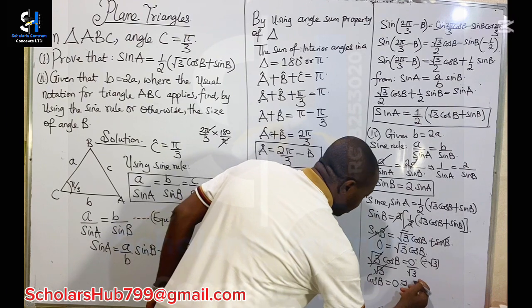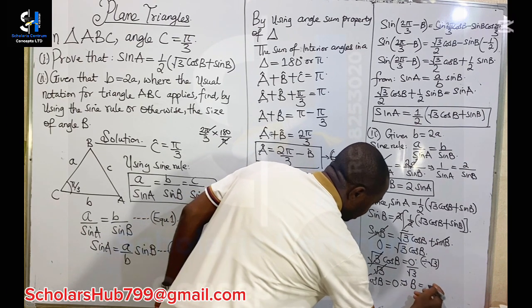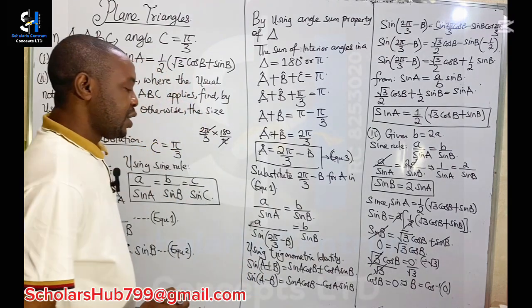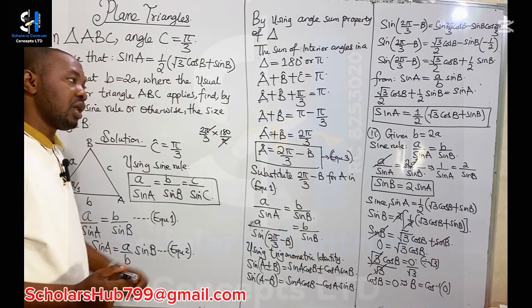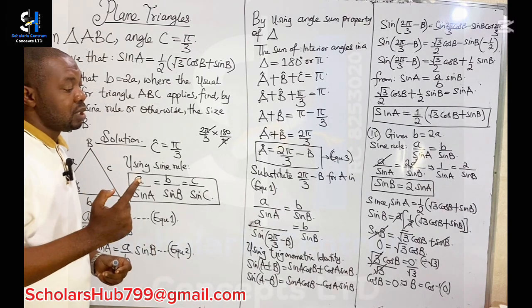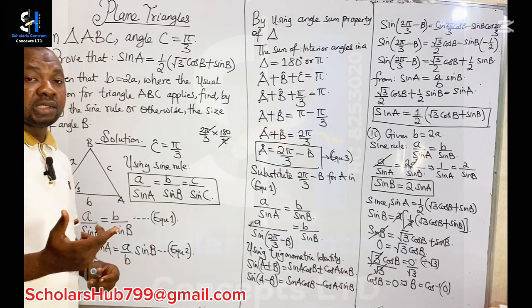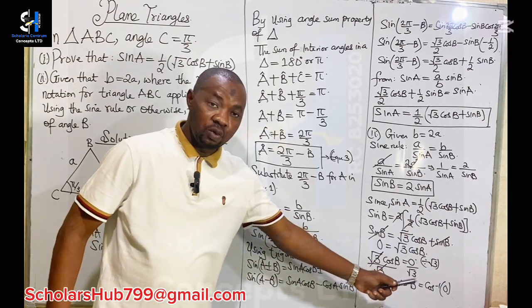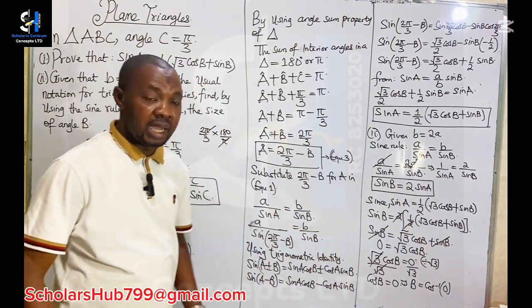So from here, we can say that B equals inverse cos of 0. Now, from similar triangle, we know that sine 90 degrees is 1, so cos 90 degrees is 0, which means the inverse cos of 0 is equal to 90 degrees.